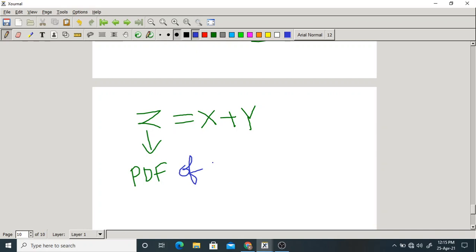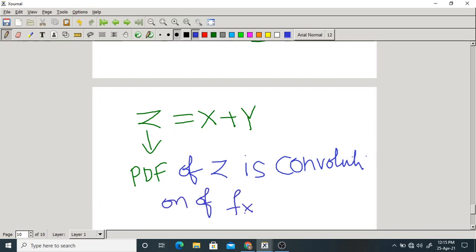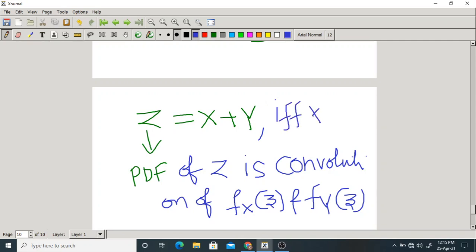The PDF of z is the convolution of fx of z and fy of z. It is not a summation. Though people generally think that if z equals x plus y, the PDF of z is the sum of the PDF of x and the PDF of y, no. And one more thing, you must always mention that only if x and y are independent, this is true.